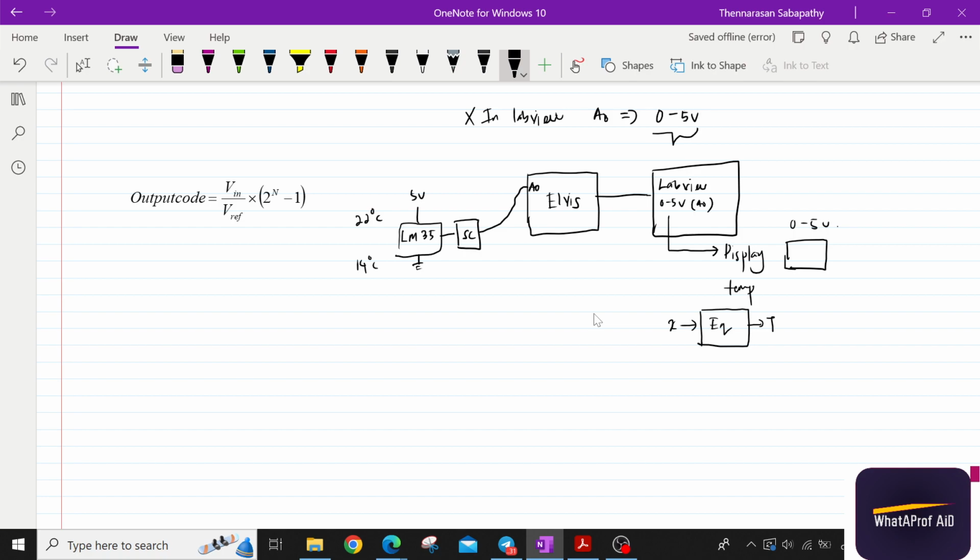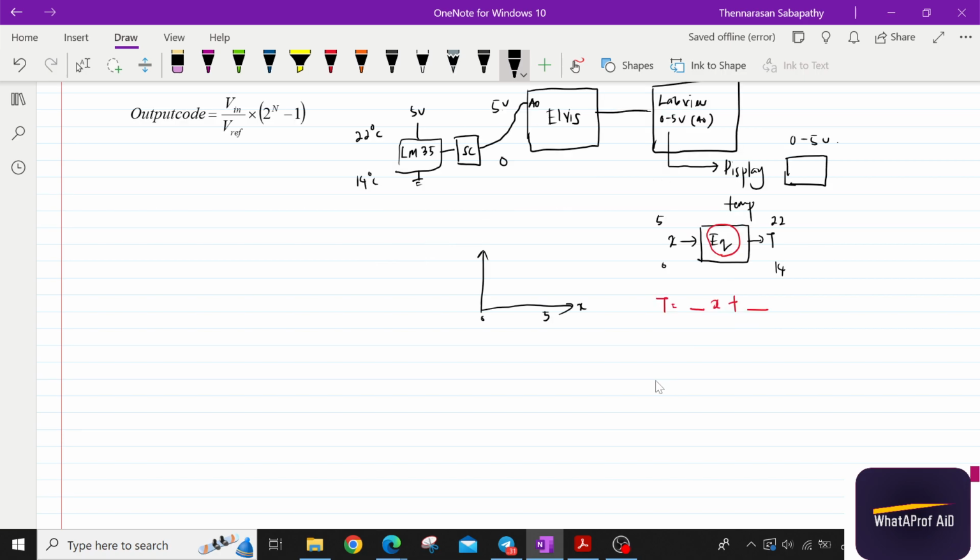It's a normal linear equation. If you produce some graph like this, 0 to 5, this is x, and this is t. So t is actually from 14 to 22.